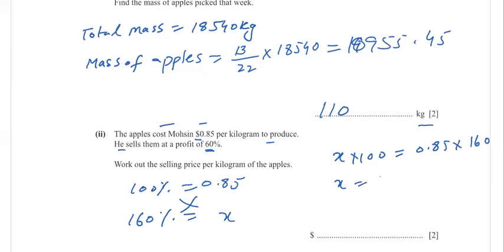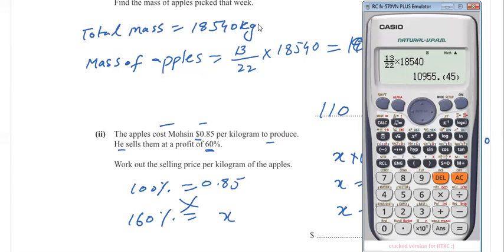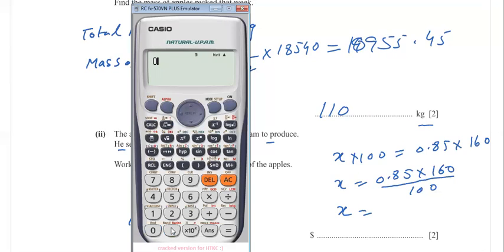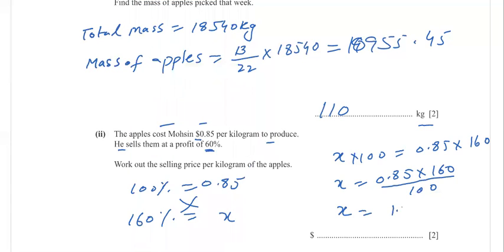So X will be equal to 0.85 times 160 divided by 100. We can calculate it, that will make 1.36. So $1.36, that is the selling price.